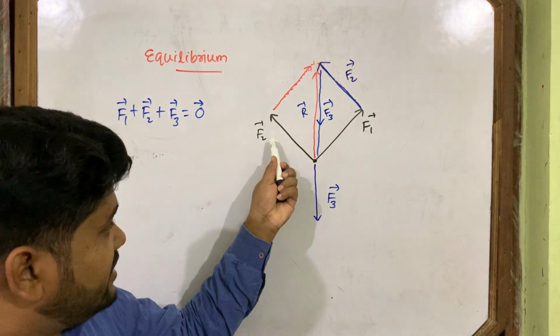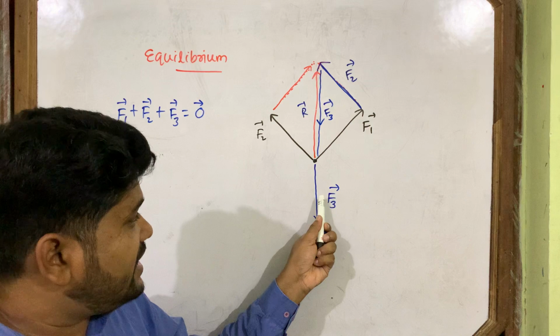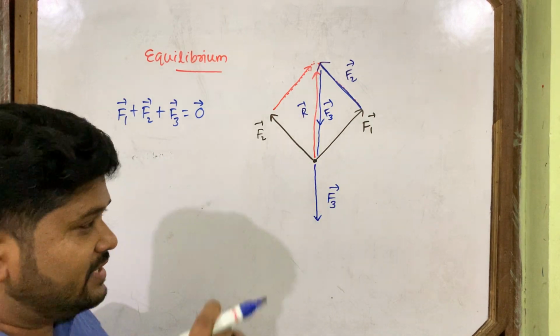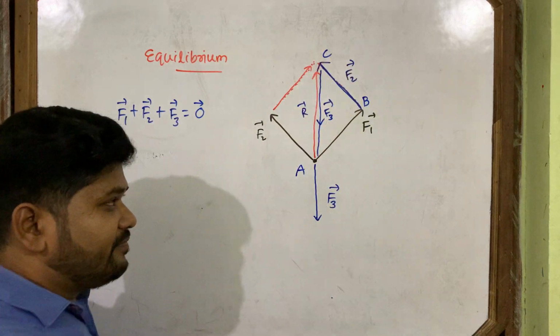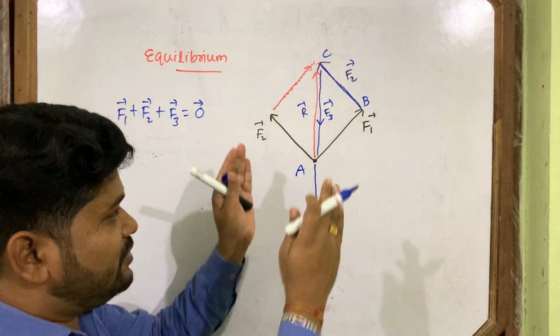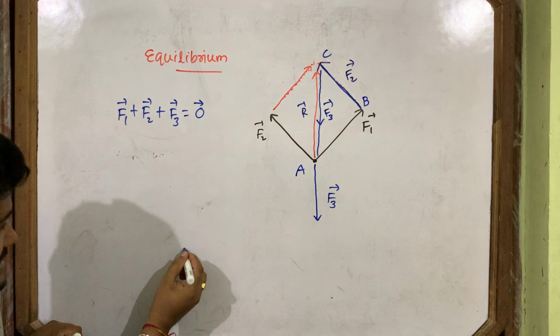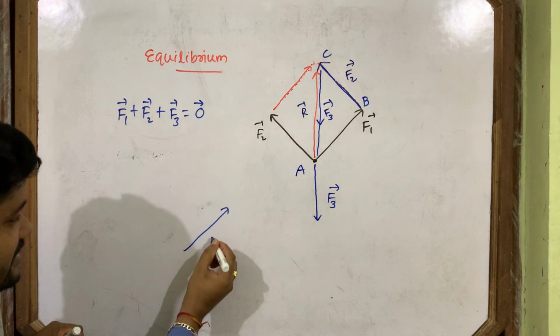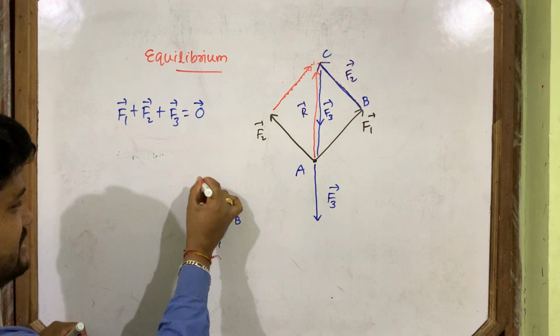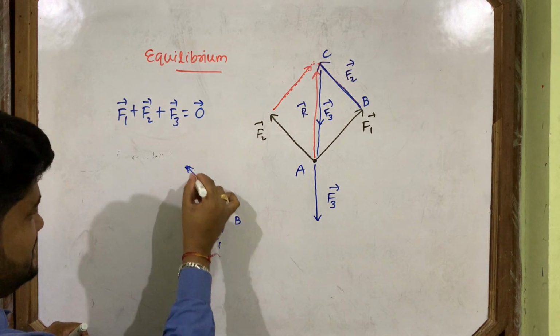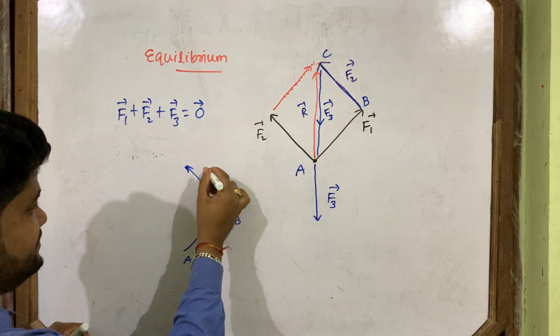Now I draw the vector F2 here, and F3 I shift in the backward direction. Can you mark this triangle now? A, B, C. I am drawing that triangle separately. This is your AB, F1 vector. This is your BC, that is F2 vector.